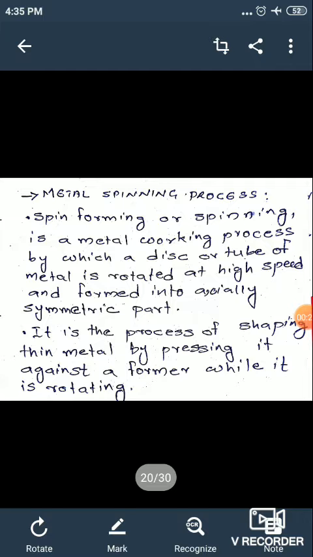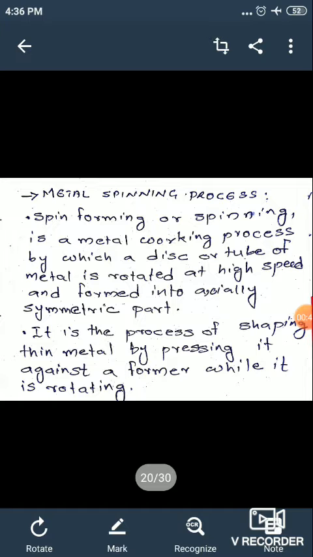That means metal spinning is the operation of shaping thin metals by pressing them against a former while it is rotating. Okay, we are pressing the metal against a former.